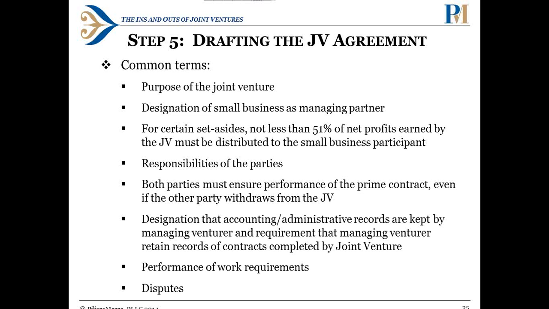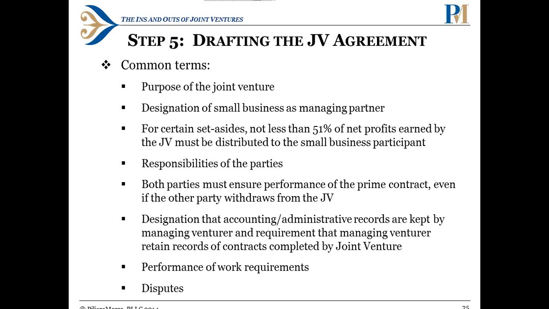And this is a requirement under the set-aside programs, and the government will want to see this as well, that if something happens to one of the joint venture partners, the other one will step in and take over. That doesn't necessarily excuse the party who withdrew from the joint venture, but it gives the government more knowledge that they're not going to see a lapse of performance even though there are two parties responsible.